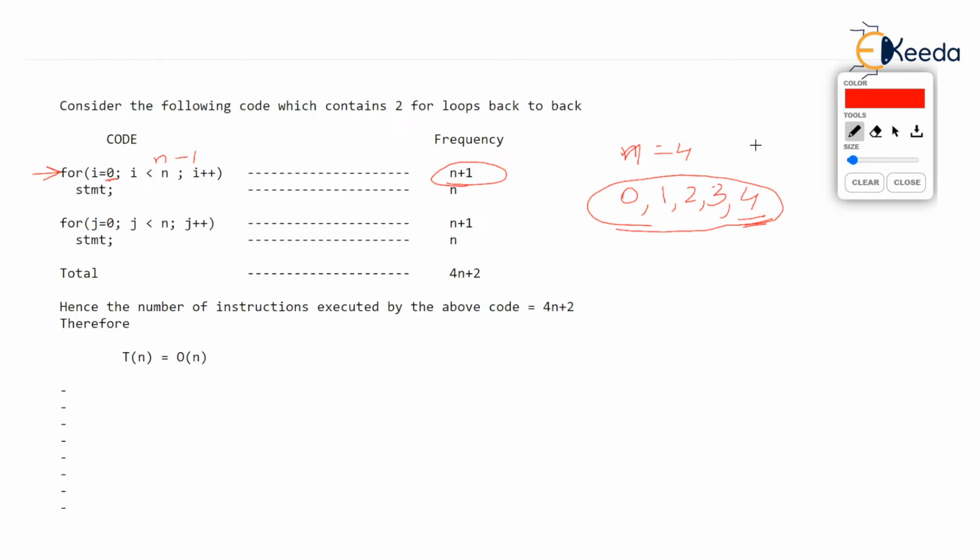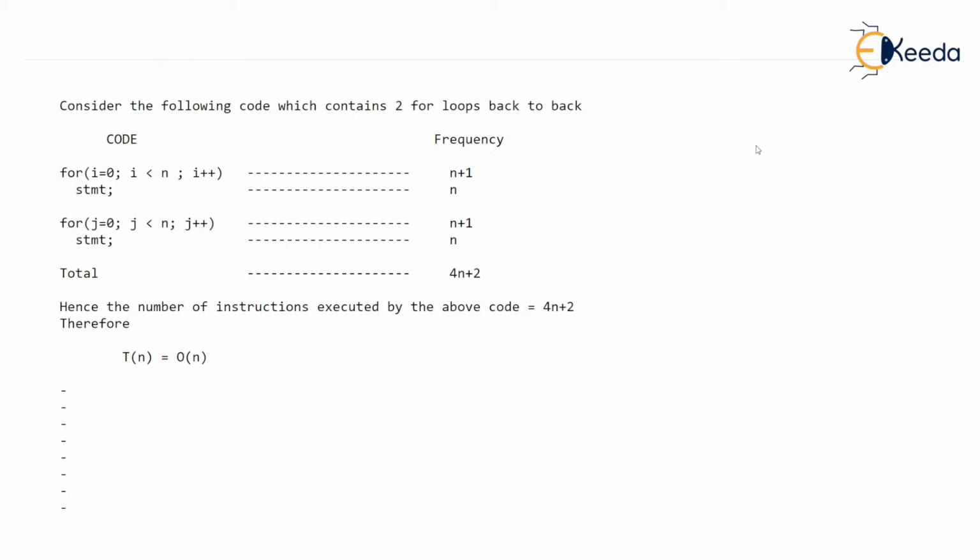But the statement written in the for will not run for that one additional time. It will run only n times. If n is 4, it will run for 0, 1, 2, 3. That's it. And when i becomes 4, the loop breaks. So the frequencies have been written here. Now n plus 1 and n are the frequency of the first for loop and the statement.